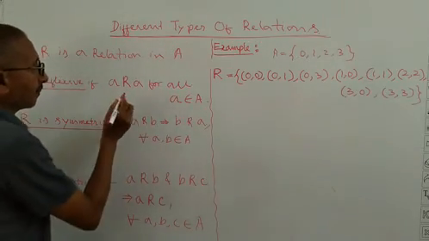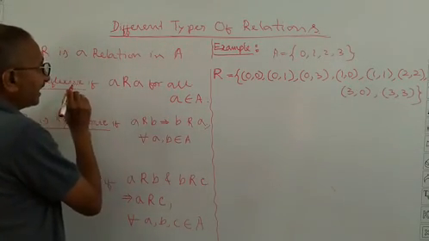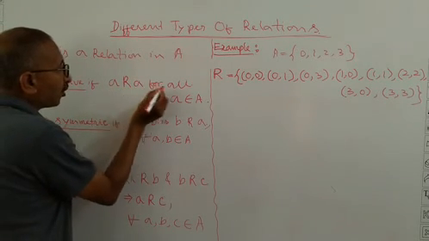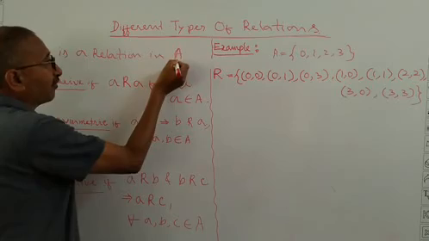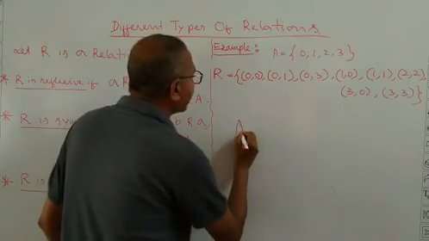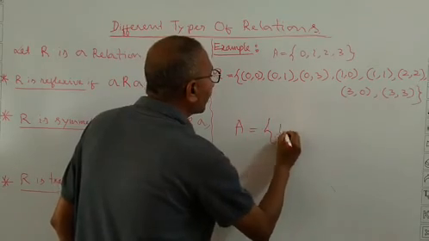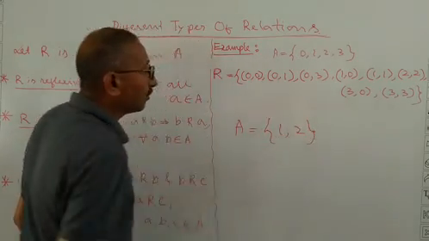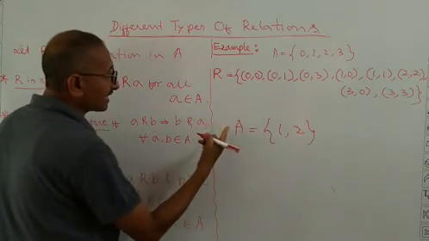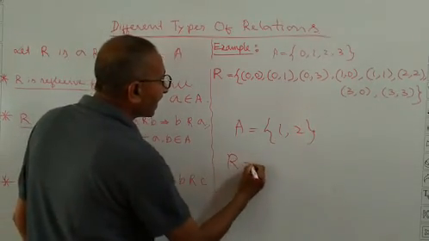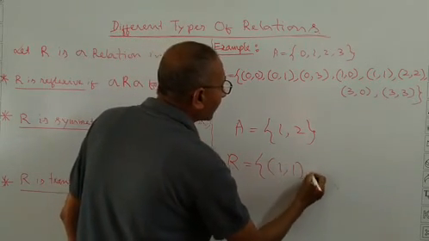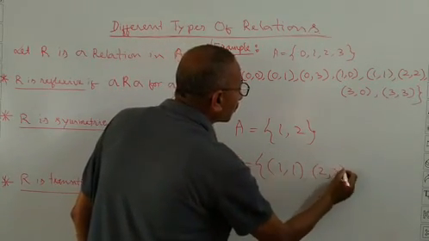So here, a relation is said to be reflexive if A is related to A for all elements of A. If we take a set A, say there are 2 elements, and there is a relation R, and in that relation the elements are 1, 1 and 2, 2.